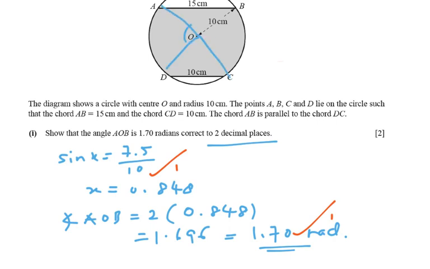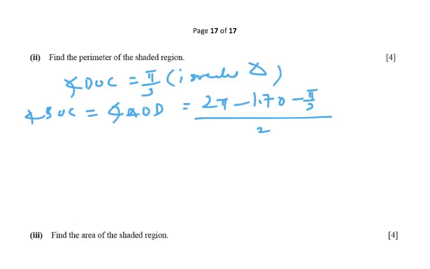This particular angle and this particular angle, they are the same. Moving on to next. So after you have calculated, you should get 1.77 each.